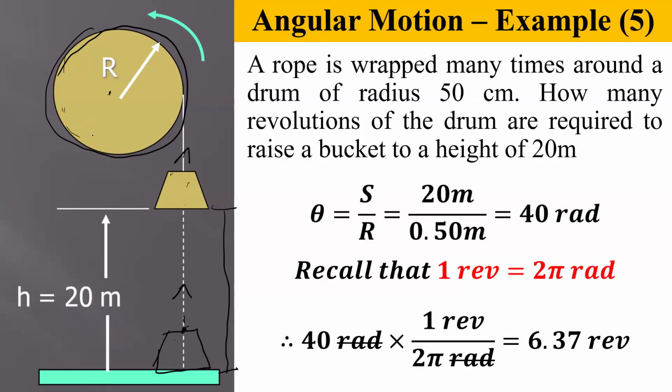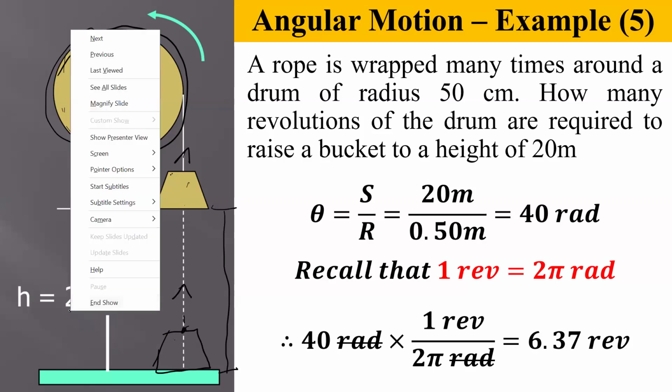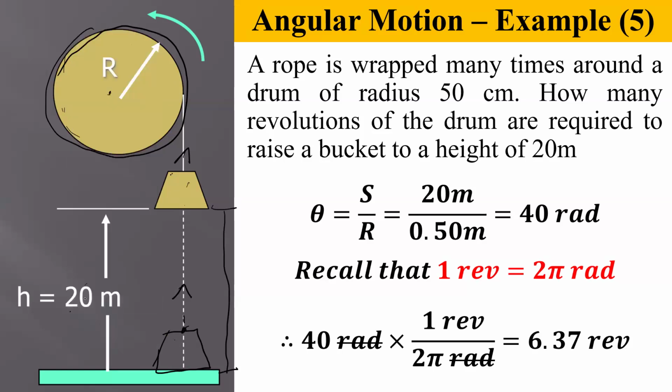You have rolled it up 20 meters. It says S equals 20 meters here. It says the rope is wrapped many times around the drum of radius 50 centimeters, which is the same as what? If you divide by 100, you get it in meters, so it's 0.5 meter.